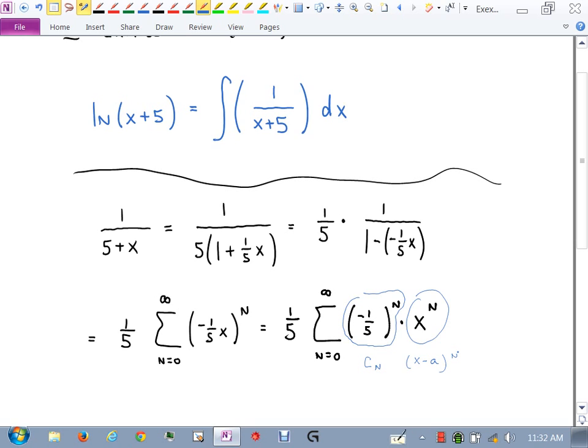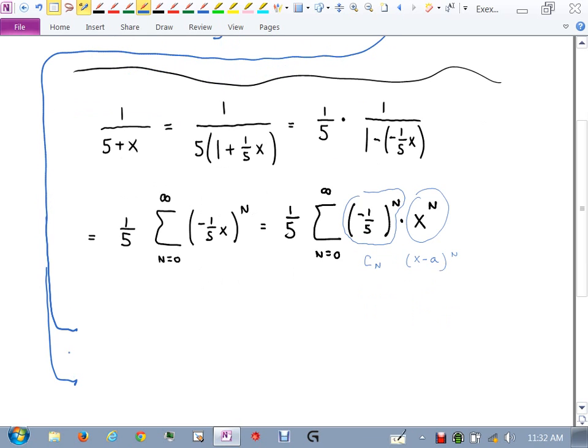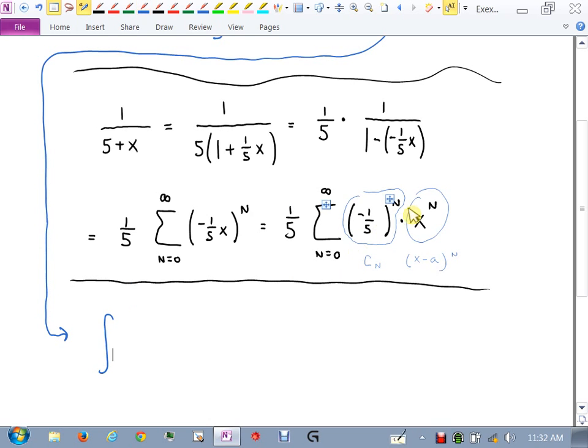Is that okay? All right, so now let's go back up. Or actually, I'll bring that thing down here. We want this up here to be equal to, continue this down here, this will be equal to the integral of this right here.